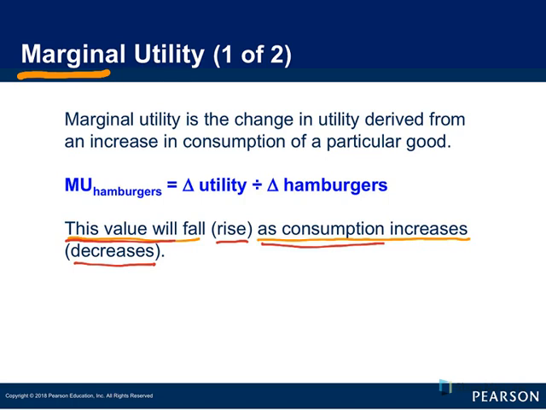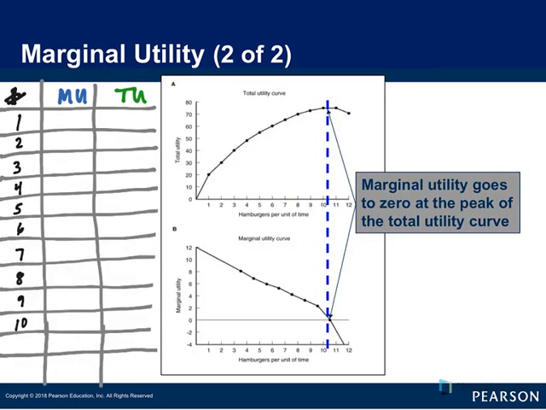Let's take a look at marginal and total utility. When we look at this graph, the top graph is a total utility curve, and the lower graph is a marginal utility curve. So as we take a look at it, we can begin to derive the information based on the curve.